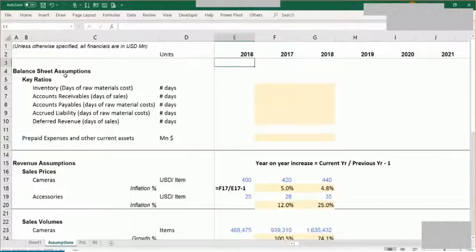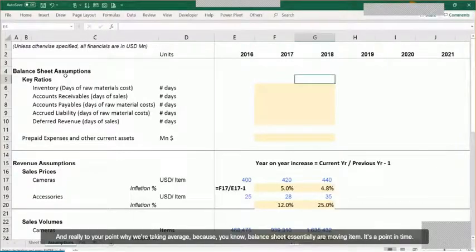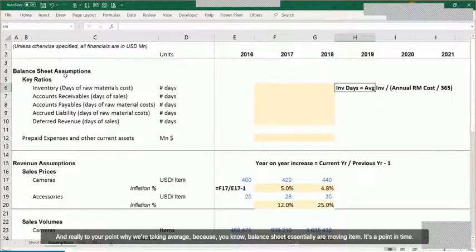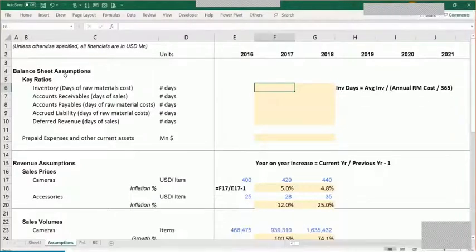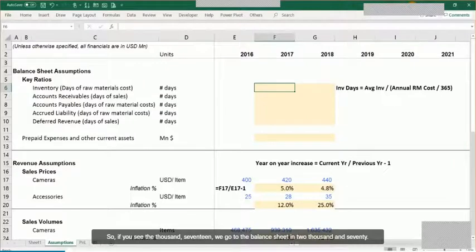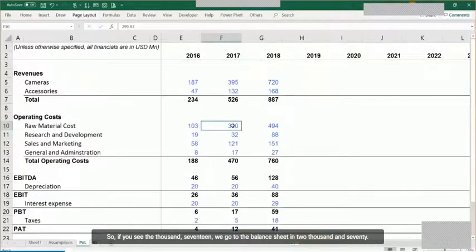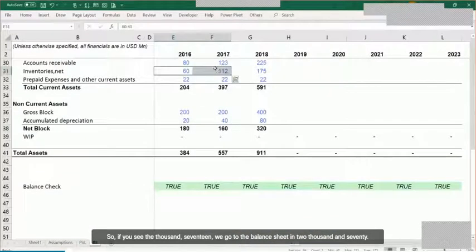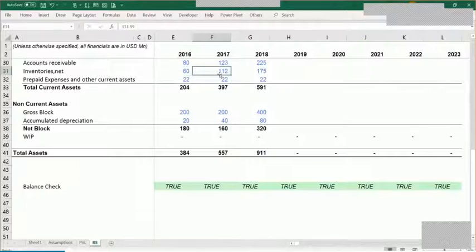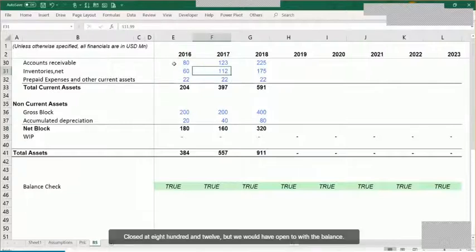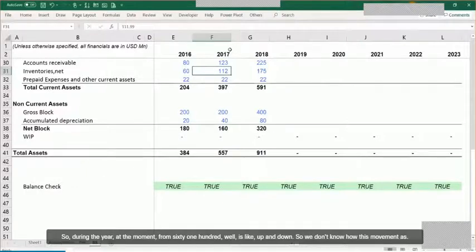And really, to your point, why are we taking average? Because balance sheet is essentially a moving item. It's a point in time item. So if you see 2017, we go to the balance sheet in 2017, we closed at 112, but we would have opened with a balance of 60. So during the year, the movement from 60 to 112 is like up and down.